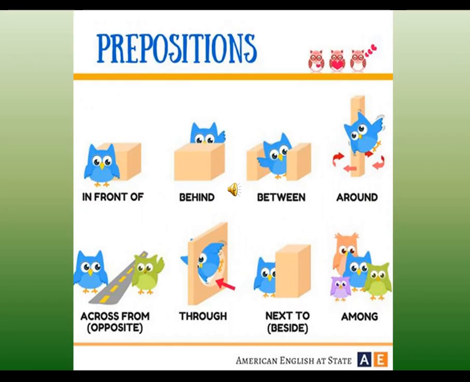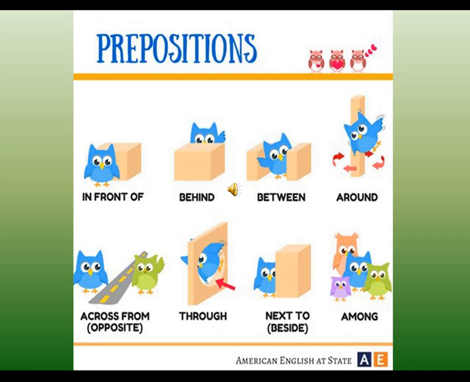Now students, let us look at this picture carefully. Here you can understand how exactly you're supposed to use each of the prepositions. With the help of this blue bird, which is most probably an owl, we'll be able to understand. In the very first picture, you can see there's a wooden block or a box probably, and the owl or the bird is placed right in front of it. In the second picture, you can see the owl is placed behind the box.